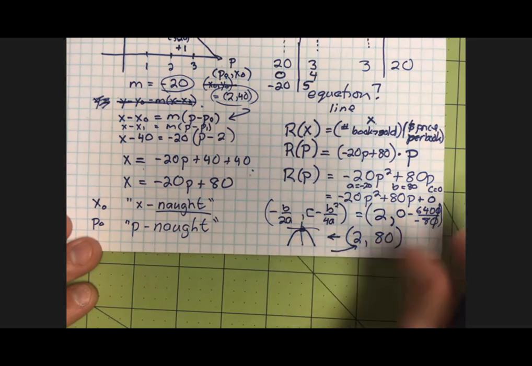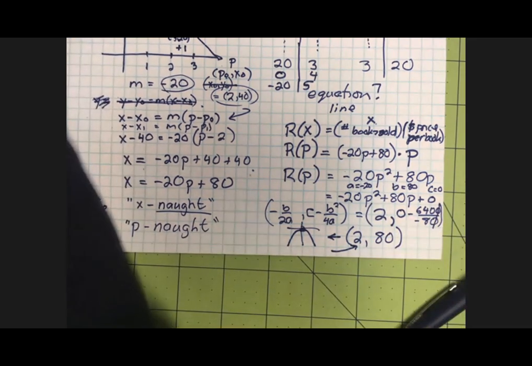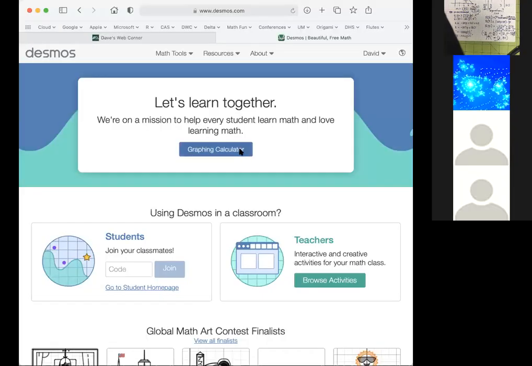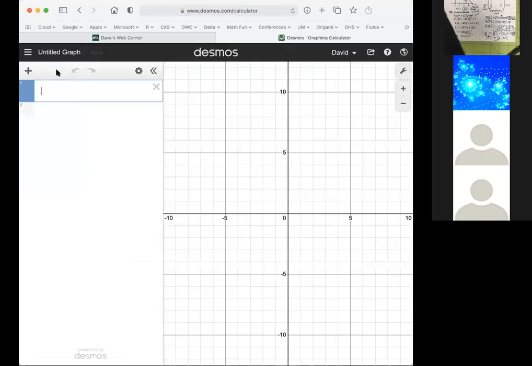Now let's try it by graphing this parabola, and let's graph this parabola in Desmos. So let me open up a Desmos window and then I will share it with you. Let's put in this formula.